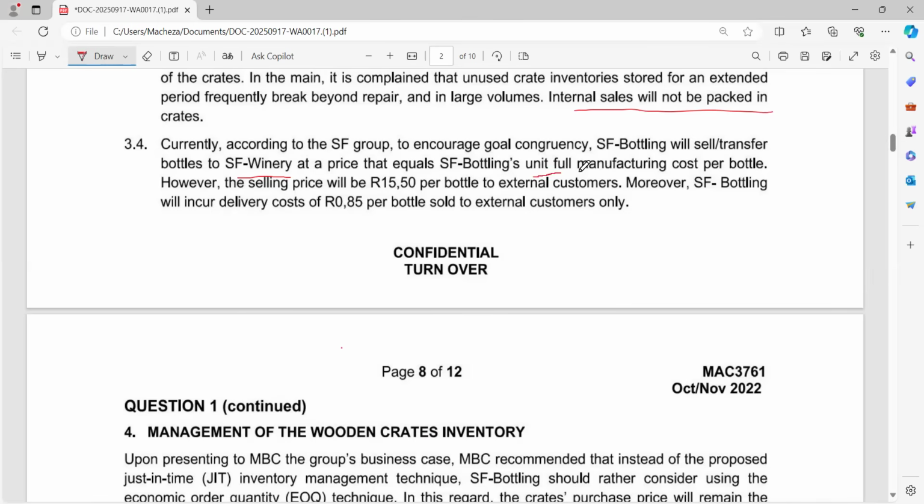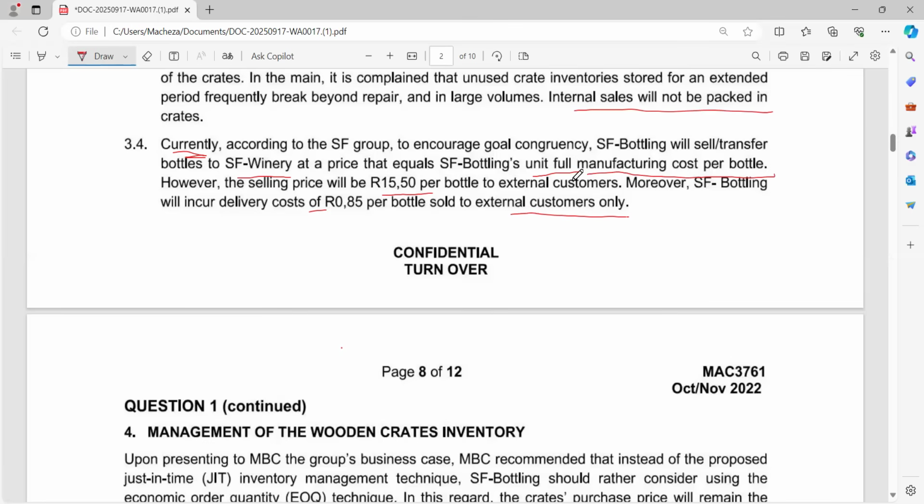This is the current transfer price. However, the selling price will be 15 Rand 50 per bottle to external customers. Moreover, SF bottling will incur delivery cost of 85 cents per bottle sold to external customers only.